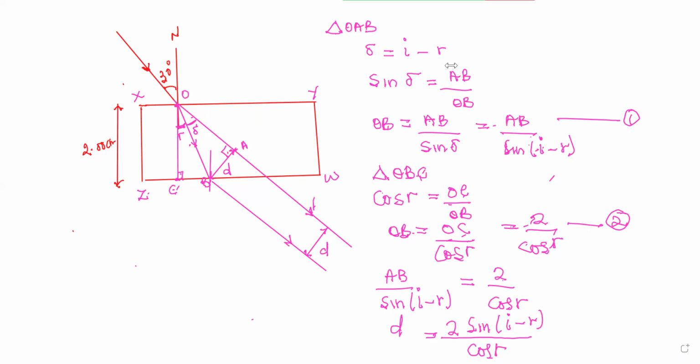Thank you, Yasmin. Now, our bone of contention is to find R because we have I. Okay, we are to find R. So using Snell's law, absolute refractive index is sine of I over sine of R. Okay, we're given the refractive index of the rectangular prism.